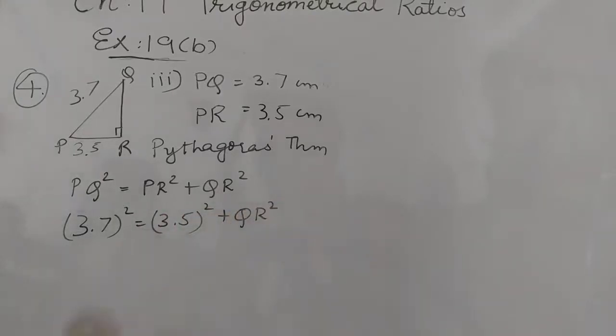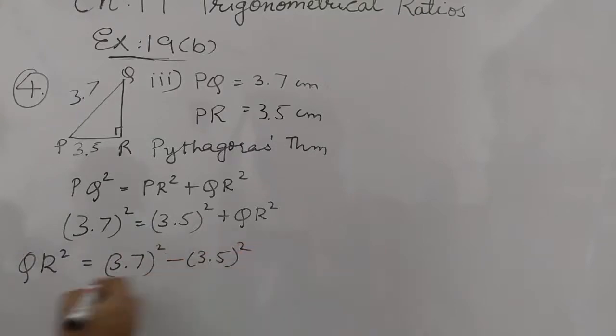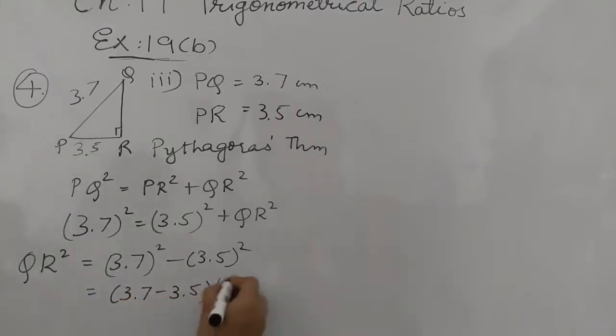Now we can take this 3.5 square to the other side. So I get QR square is equal to 3.7 square minus 3.5 square. Now you can use the factorization method, a square minus b square type: a minus b in one bracket, a plus b in the other. So accordingly I get 0.2 by subtraction and 7.2 by addition.